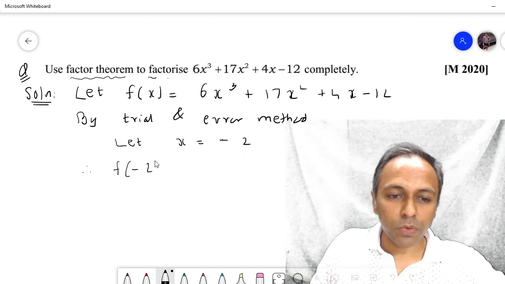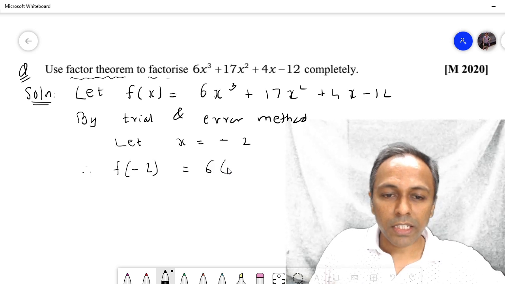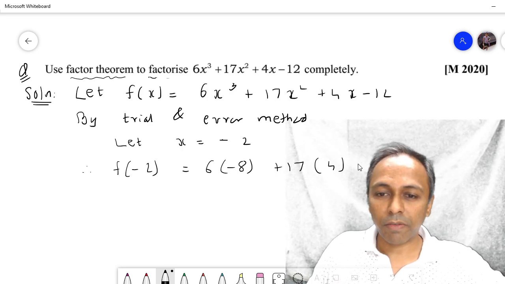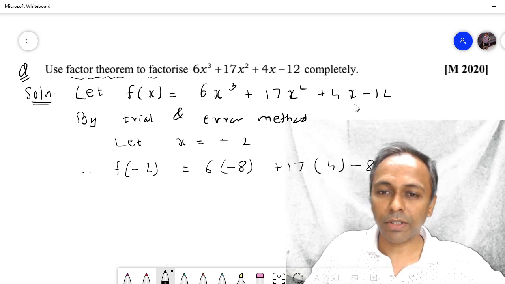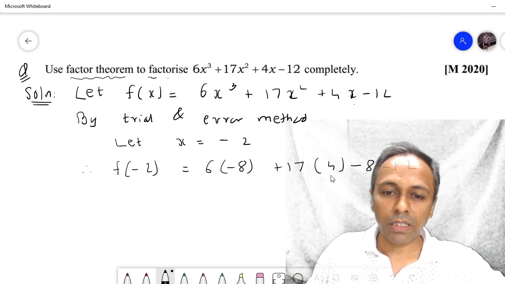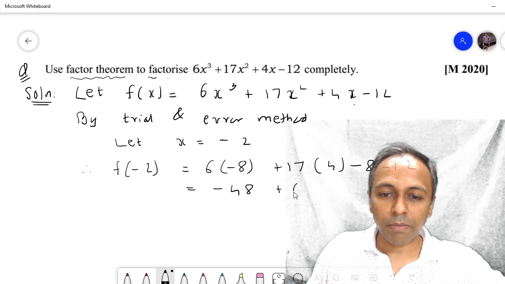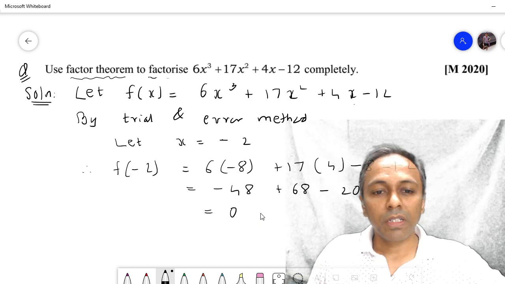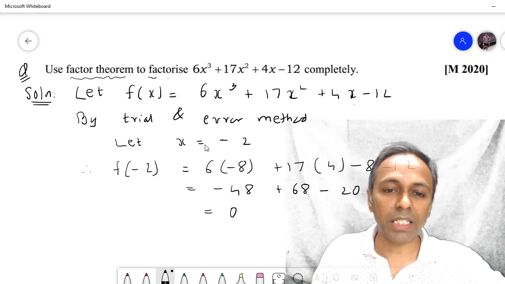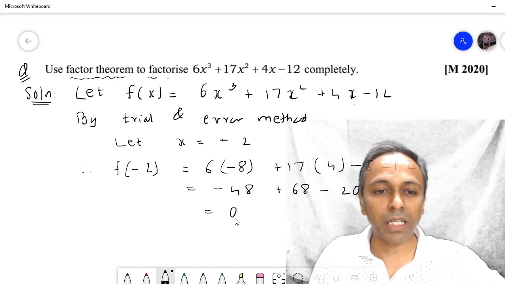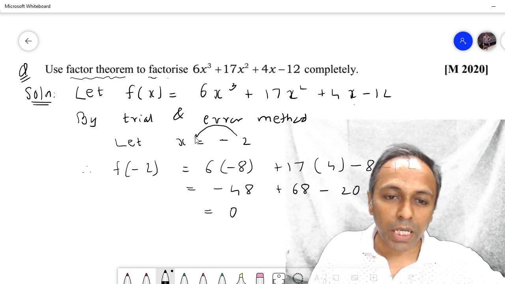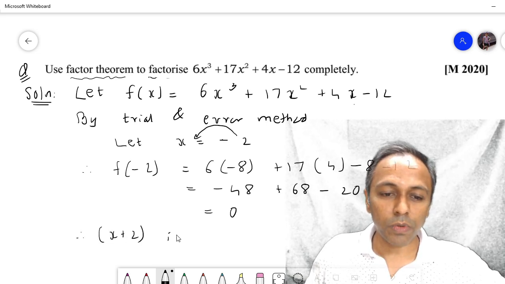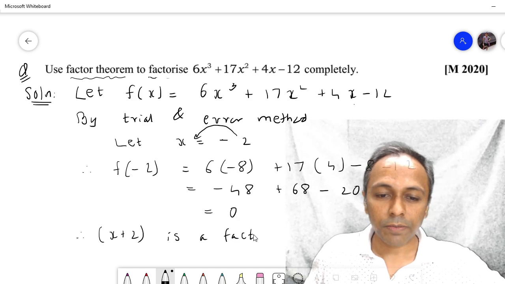Therefore f of -2 is equal to 6 into -8 plus 17 into 4 हो जाएगा, इवन पावर है. 4 into -2 is -8 here, -12, which is -48 plus 68, -8 -12 is -20, which will make the remainder 0. तो yes, x is equal to -2 हमें 0 रिमाइंडर दे रहा है. मतलब therefore x plus 2 is a factor.